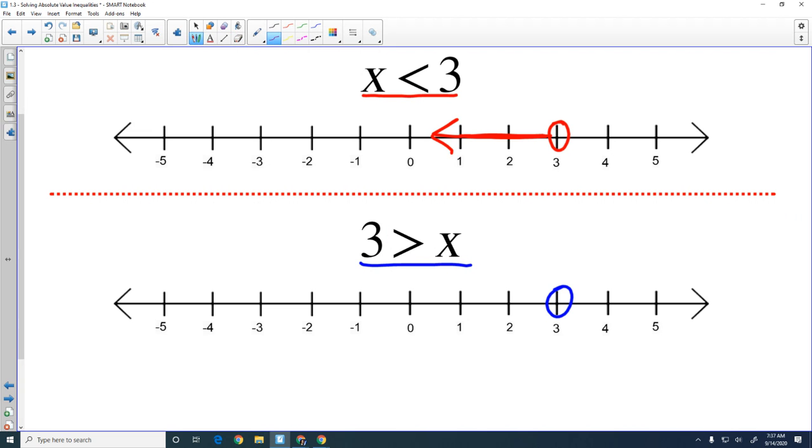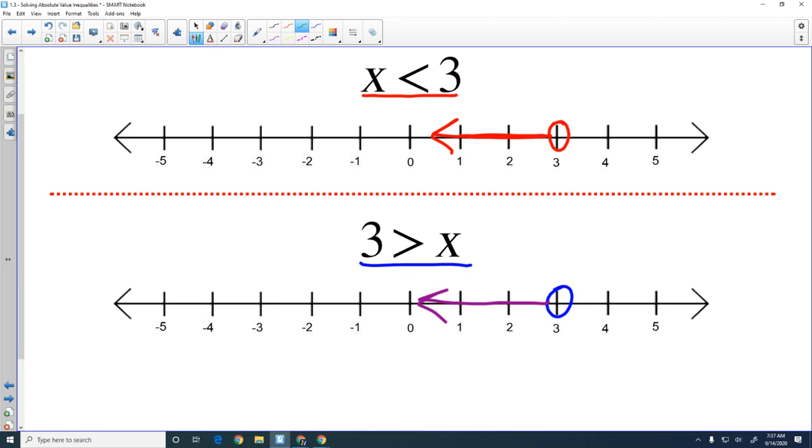Because if 3 is bigger than x, that means 3 has to be the biggest number. And x has to be everything smaller than it. X can't be bigger than the 3. The 3 has to be the biggest. So x has to be all the numbers to the left. So both of these inequalities are actually representing the exact same quantity, even though they look completely different.